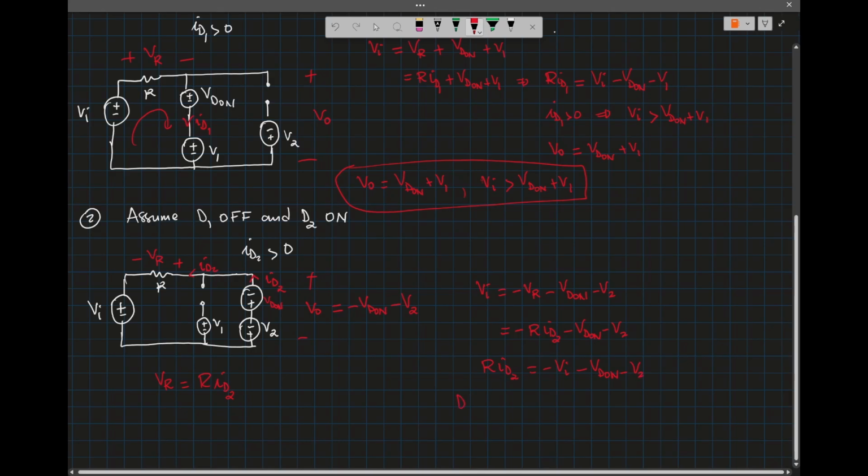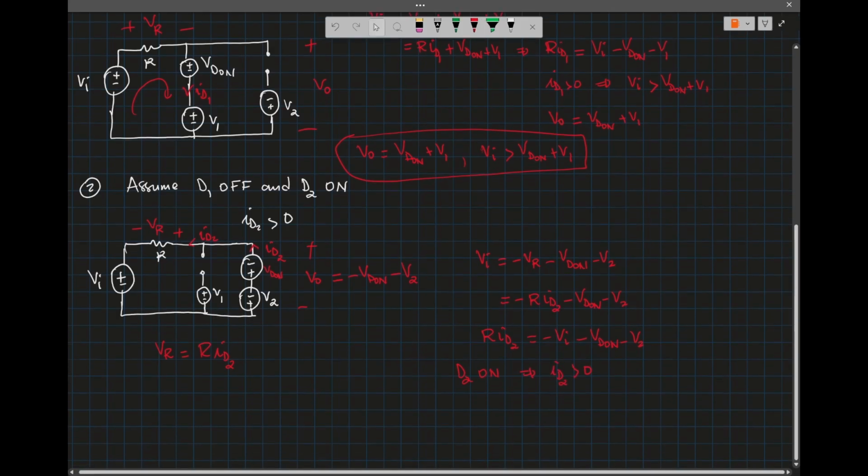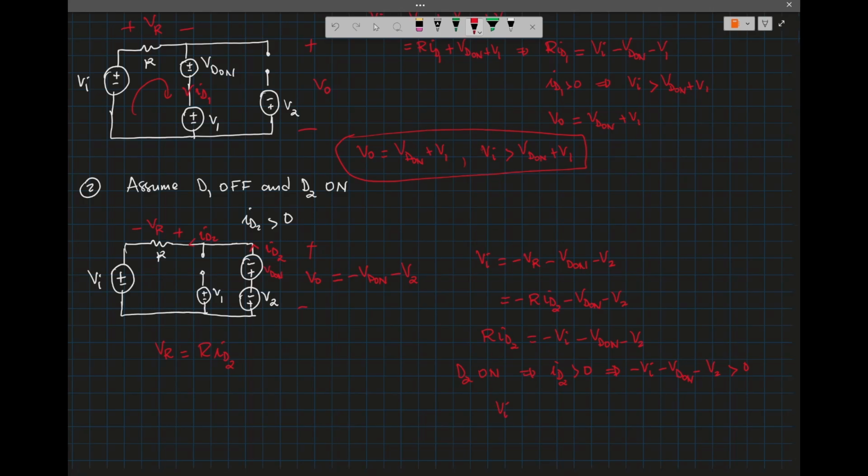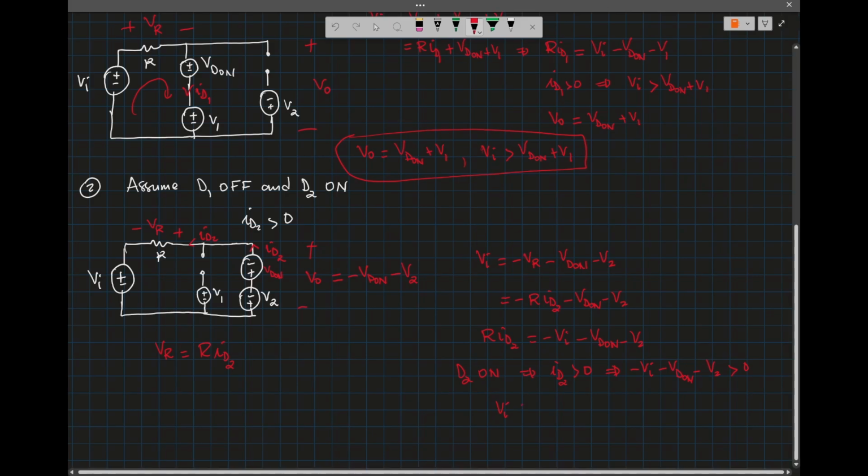So D2 on implies that ID2 is positive. So in that case, minus VI minus VD on minus V2 must be positive.